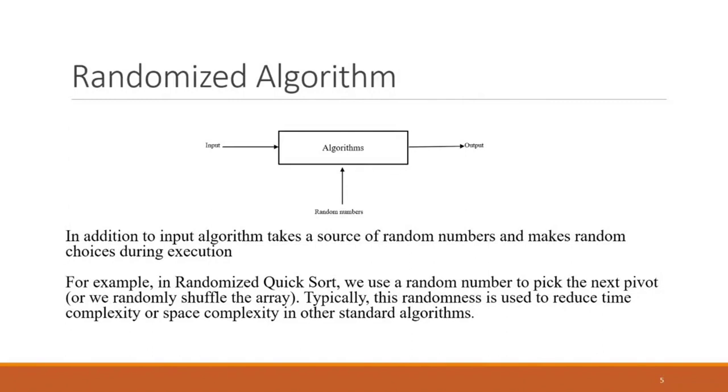Even if we give an input separately, it is using those random numbers to decide the output. So according to that random number, the output is given. An example of a randomized algorithm is quicksort. It uses a random number to pick the next pivot value, and according to that it works.